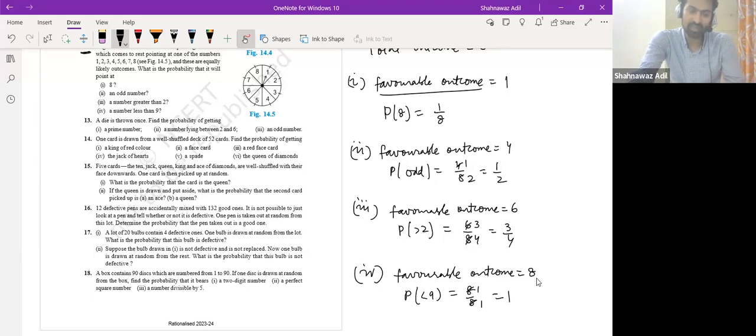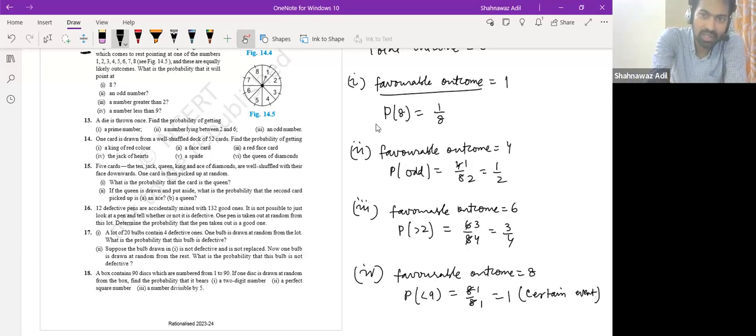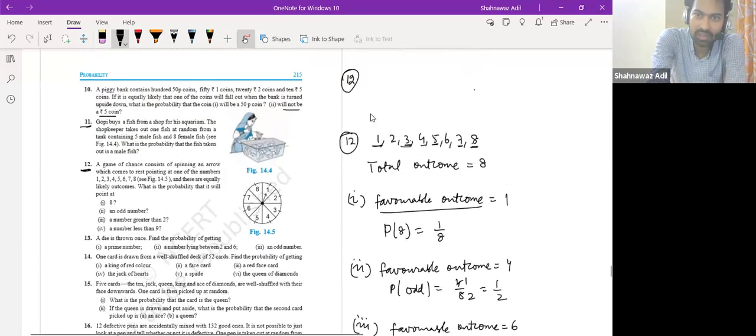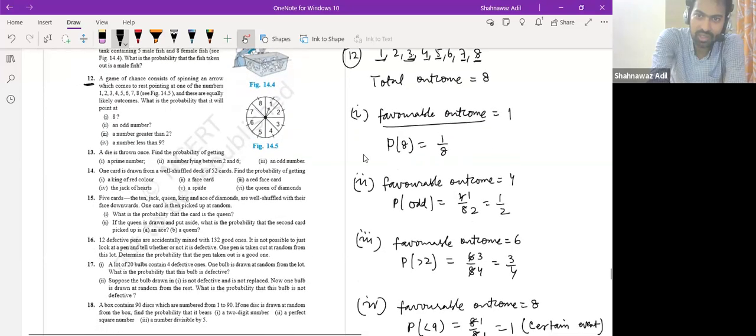Certain or sure event. So this is a certain event. We have a 100% chance that we will get a number which would be less than 9. So these are the answers, right?